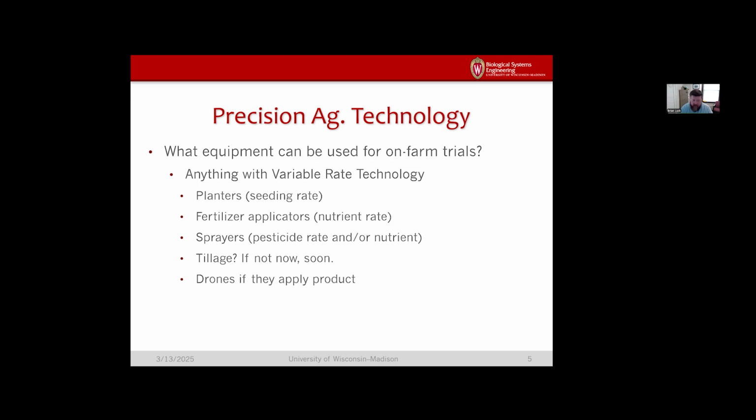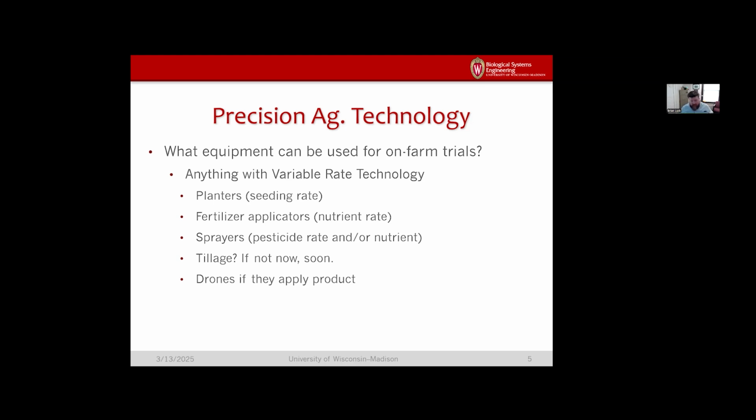There are instances out there where we have what's called direct injection, so being able to pressurize the water back to the nozzles and then inject the chemical into the water stream as it goes back. It's a whole different animal, but if it's controllable by the precision ag field computers, et cetera, then you can actually vary the rate of chemical contained within the water carrier and do something totally different based on how much water is present. So another interesting thing just to think about there.